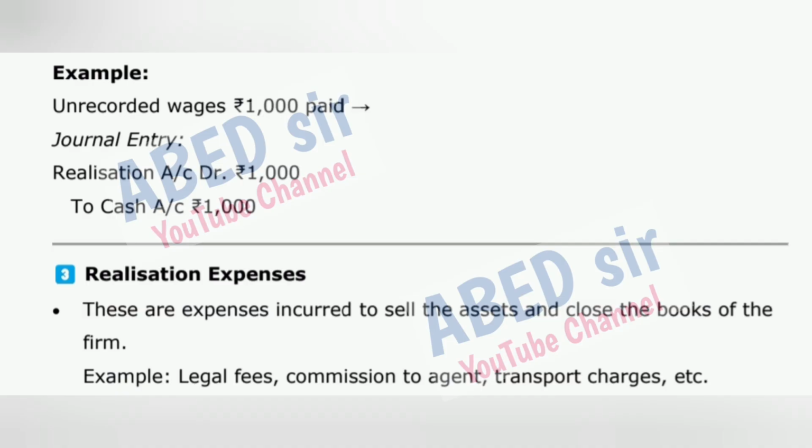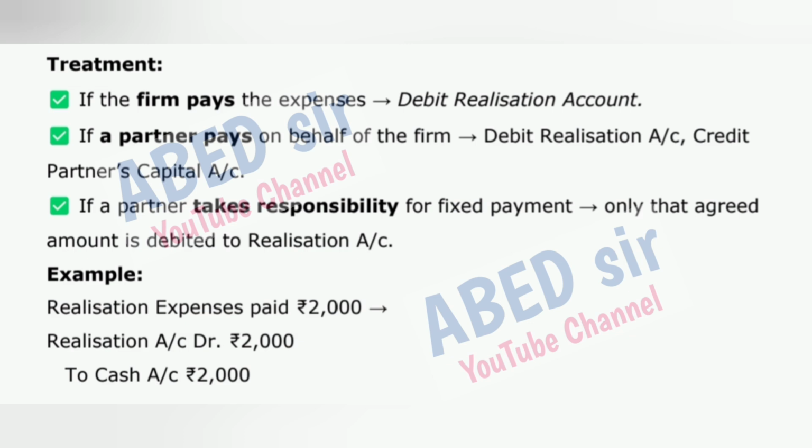3. Realization expenses. These are expenses incurred to sell the assets and close the books of the firm. Example: legal fees, commission to agent, transport charges, etc. Treatment: if the firm pays the expenses, debit realization account.